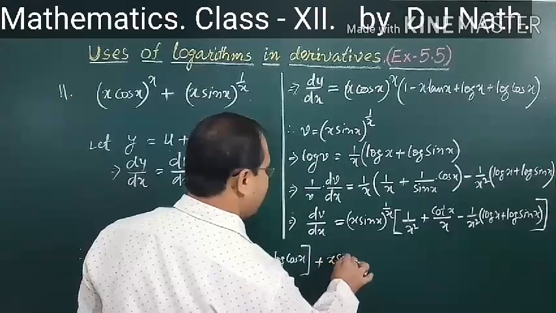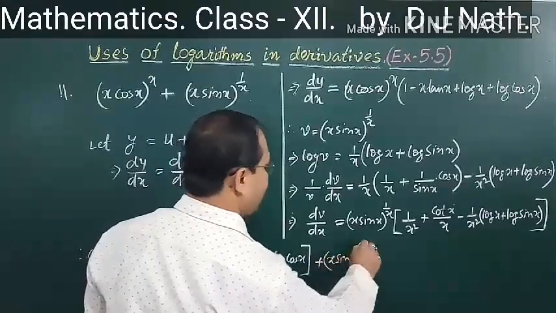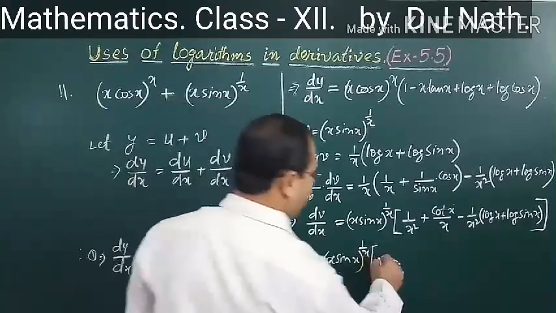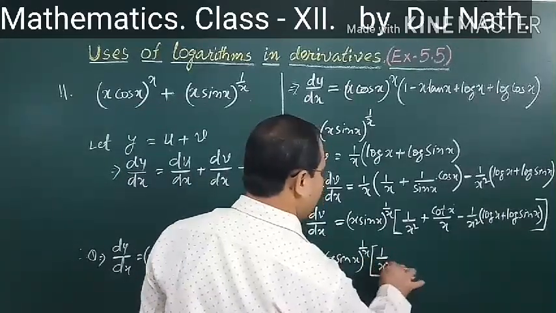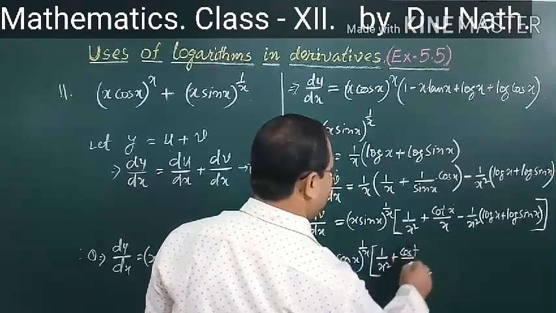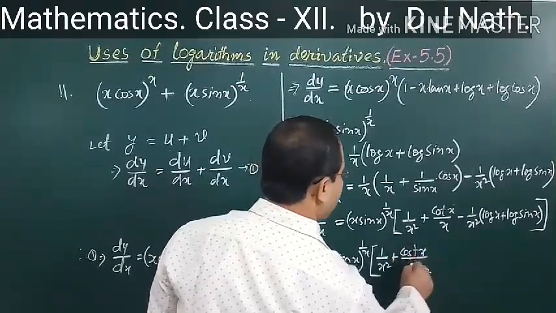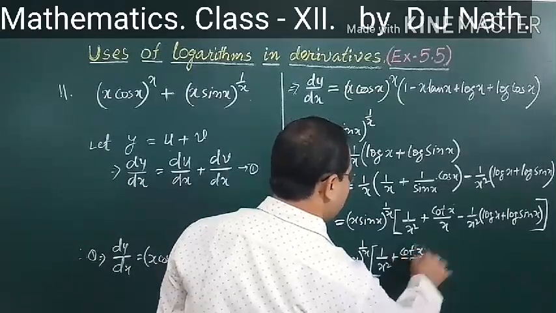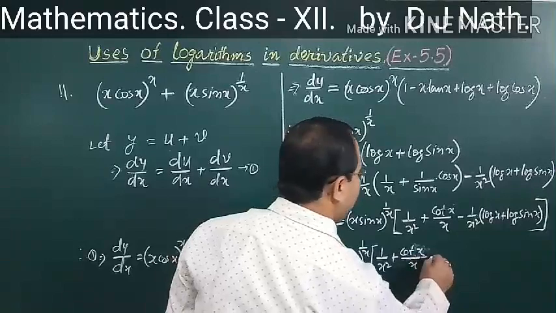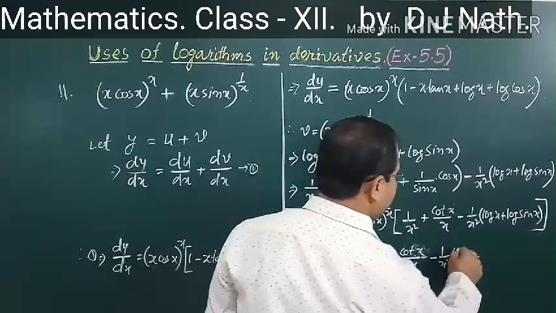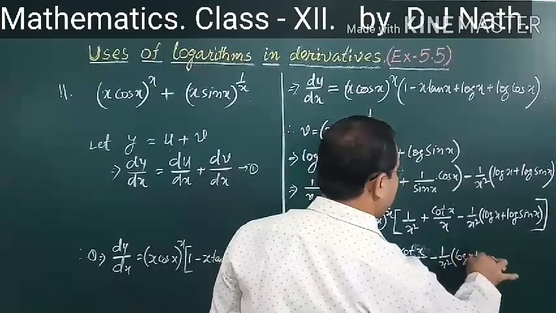Plus dv dx is the same, plus x sin x to the power 1 upon x into 1 by x square plus cot x by x, minus 1 by x square into log x plus log sin x.